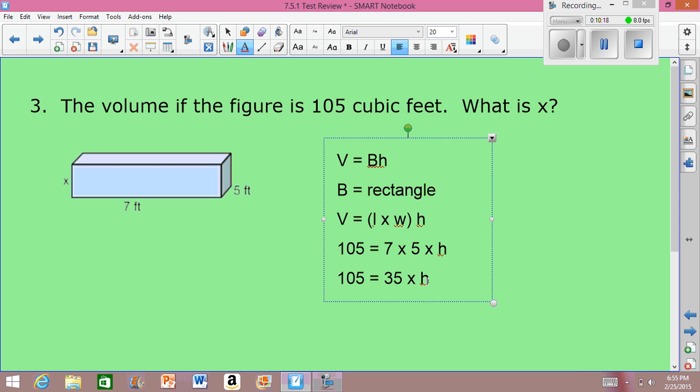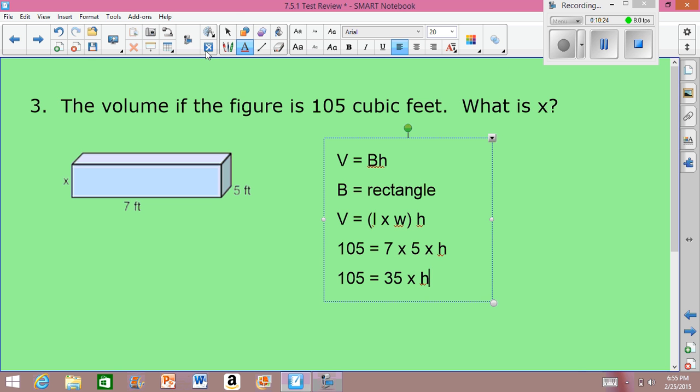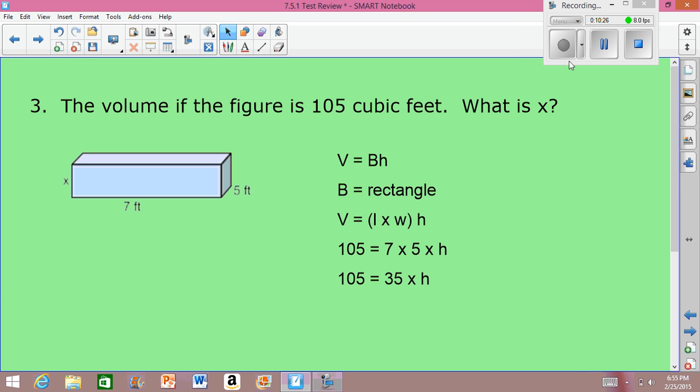So this is a multiplication equation. So remember, to solve that multiplication equation, we are going to do the opposite of what's there. So that means we're going to take each one of these sides and we are going to end up dividing each side by 35 to undo that multiplication. So 105 divided by 35.